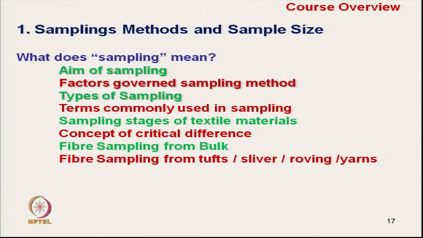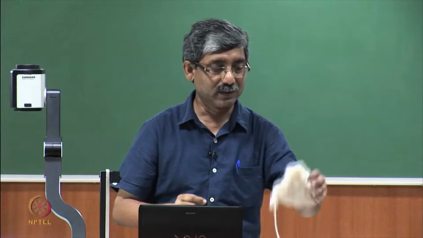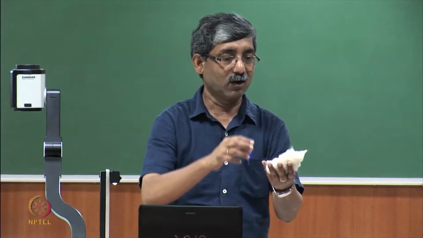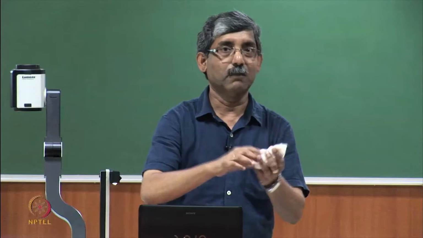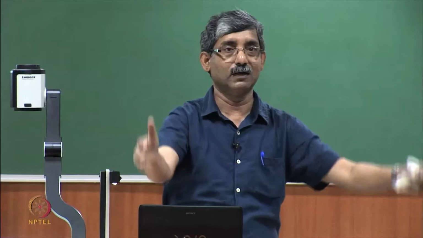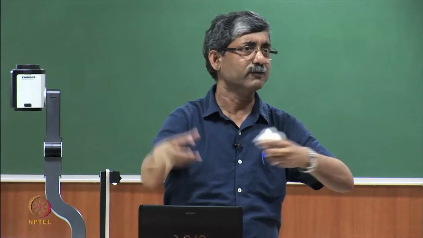fiber sampling from tuft, sliver or roving or yarn, because this sampling of fiber is from bulk or from tuft. Tuft is, say, softer, while bulk is in the form of, say, a bale. Okay. It is entirely different.